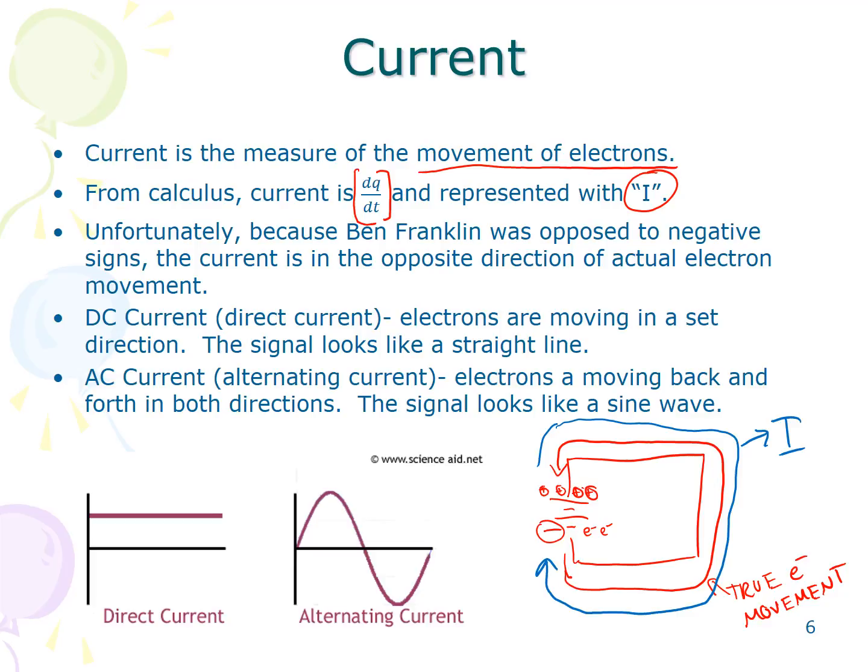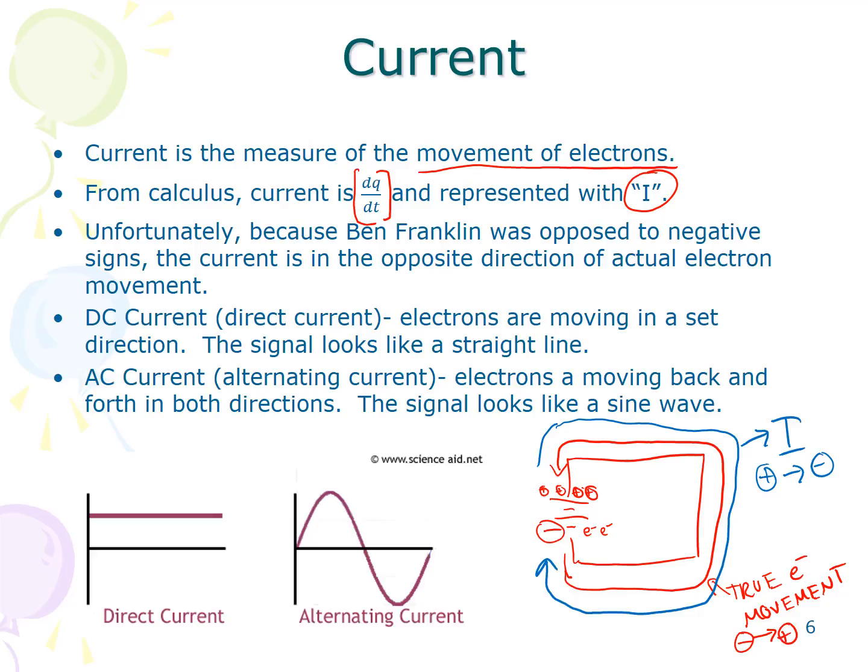But the idea behind that was to reduce the number of negative signs physicists and electrical engineers would have to deal with. This is pretty standard at this point. It wasn't back in the day, but now it's been standard for the past 40, 50 years. So current goes from positive to negative. True electron movement goes from negative to positive.